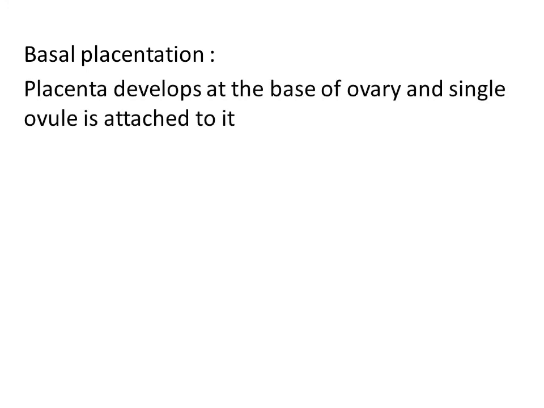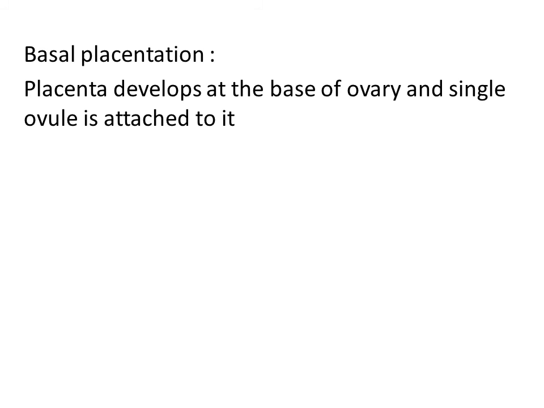Then the last type is basal placentation. What do you mean by basal placentation? From the name itself you can understand the position of placenta. Basal is nothing but the base of the ovary. So in this case the placenta develops at the base of the ovary.